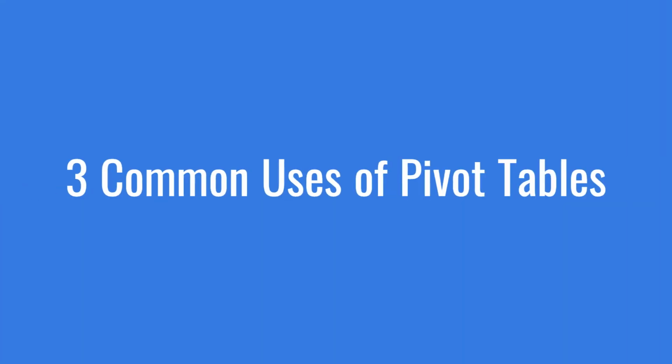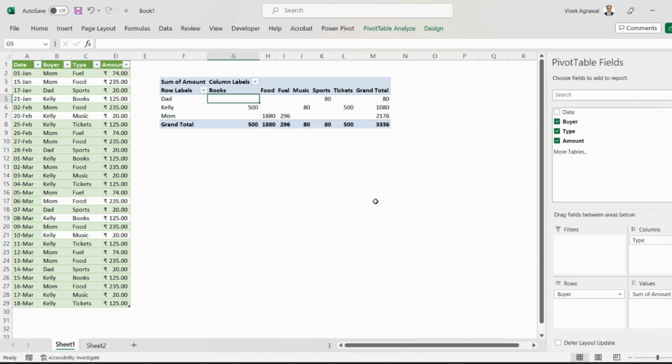Now, this brings us to the third leg of this video, where we'll talk about what are some of the common uses of a pivot table. One common use of a pivot table is number one, to create a summary dashboard. Now, for data which is very long, let's say in thousands and thousands of rows, it becomes very complex to create such kind of summary report manually.